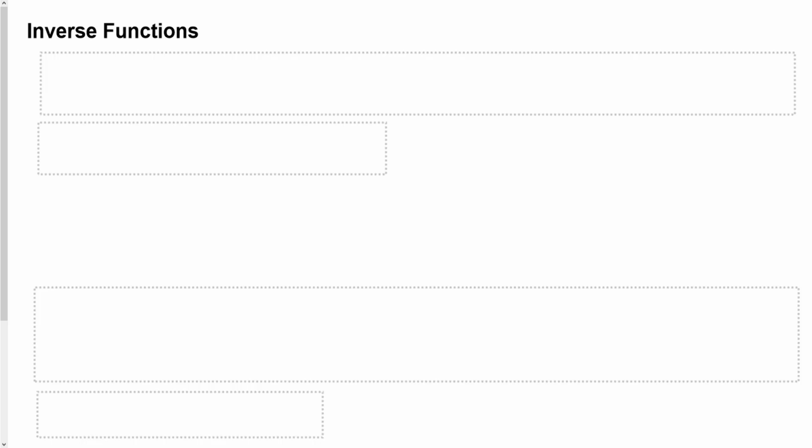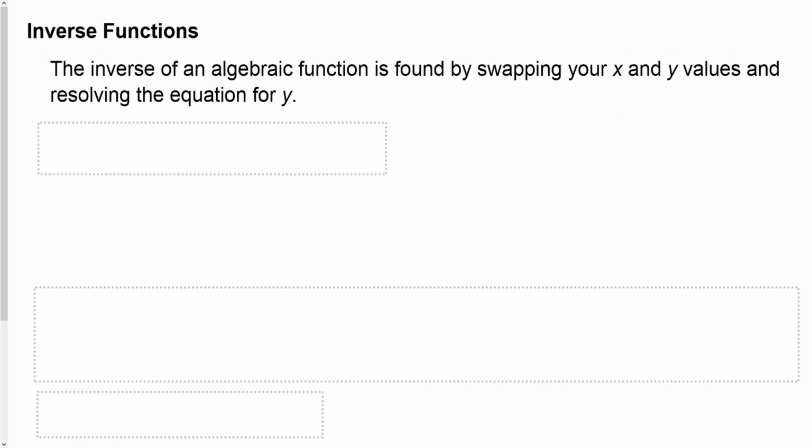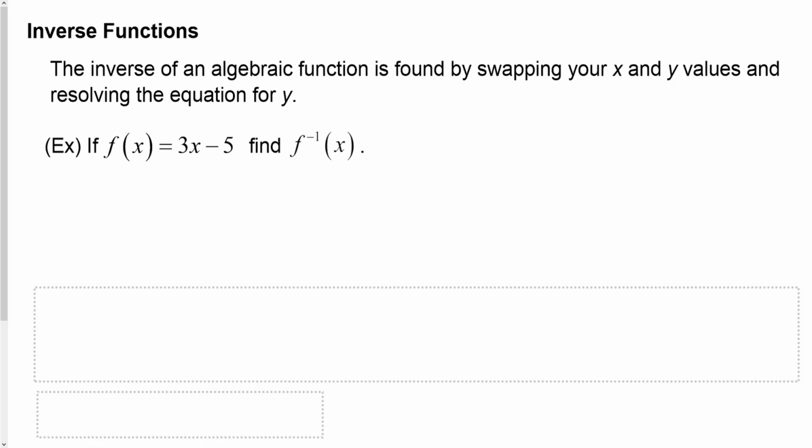Before we dive into those, however, let's talk about inverse functions in general, because they're usually not something that are completely understood by this point. So the inverse of an algebraic function is found by swapping your x and y values and resolving the equation for y. So for instance, a very simple example is a linear equation. If I have f of x equals 3x minus 5, and I want to find f inverse of x, well, this means y equals 3x minus 5, and then I swap my x and y.